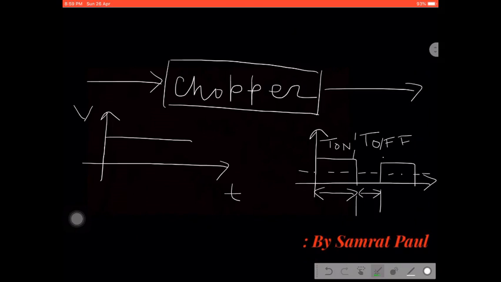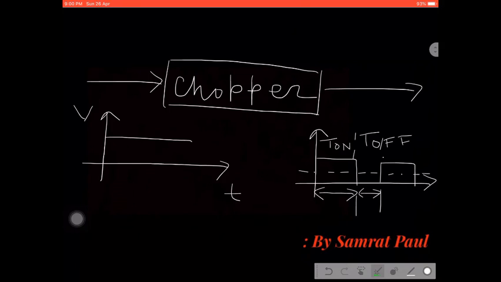Like a transformer, it can be used to step down and step up a DC voltage source. It can also be used in regenerative braking of DC motors to return energy back into the supply, and this feature results in energy saving for transportation systems with frequent stops.